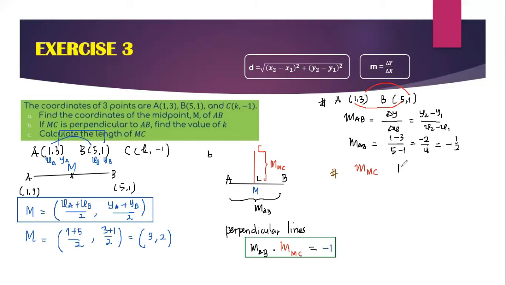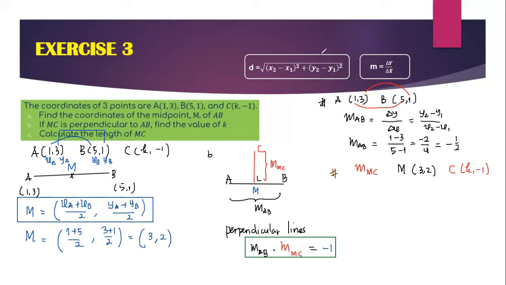M is (3, 2), right? And the coordinate of C is (k, minus 1). Right? So now we go to the gradient MC.